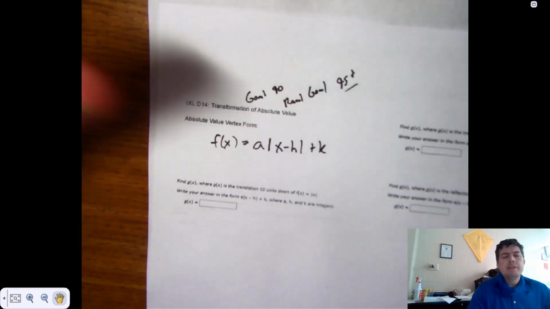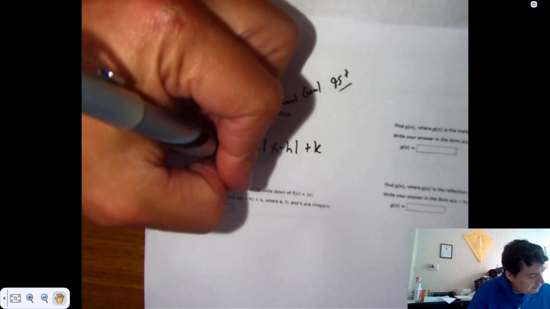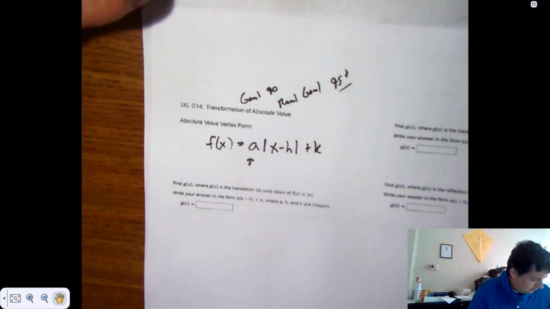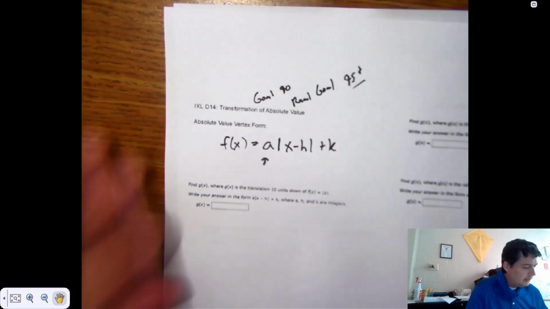Now, what do those things mean as far as translations go? Well, a is called our scale factor. And I'm making sure that IXL refers to it as a scale factor. They honestly don't seem to, but it's a scale factor.